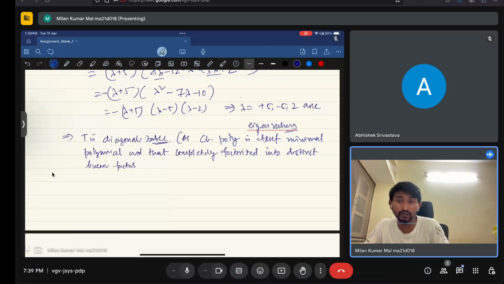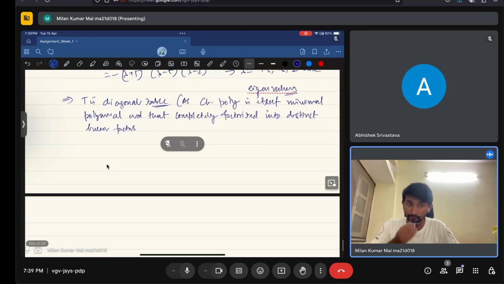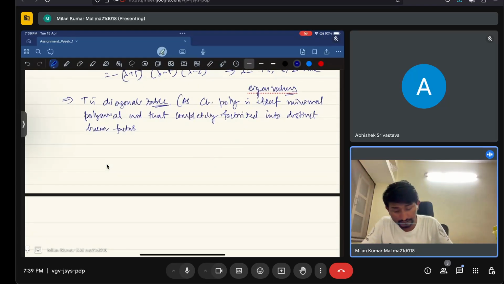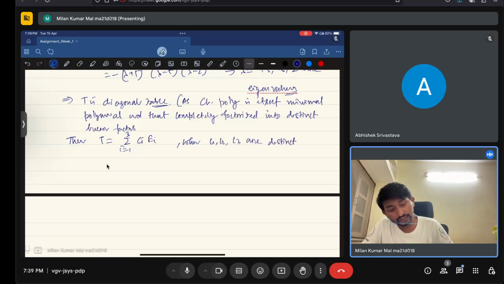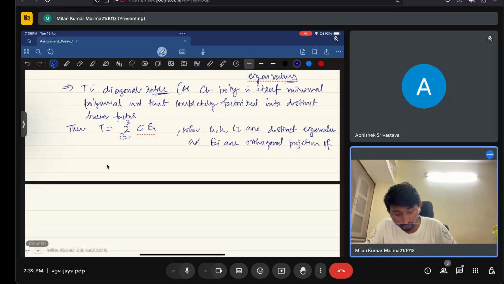So as this is diagonalizable, we know that T equals the summation of Ci Ei, i equals 1 to 3, where C1, C2, C3 are distinct eigenvalues and Ei are the orthogonal projections of V onto the eigenspace of Ci.